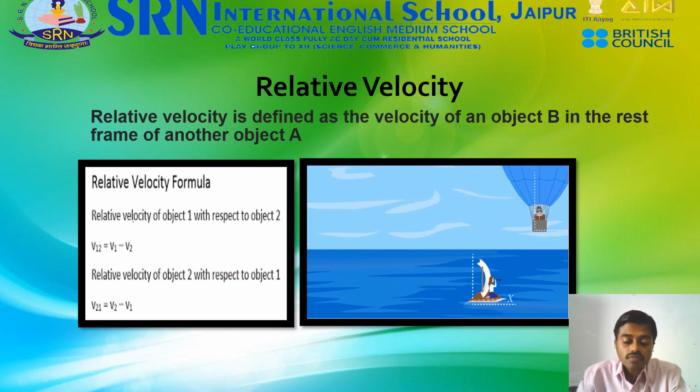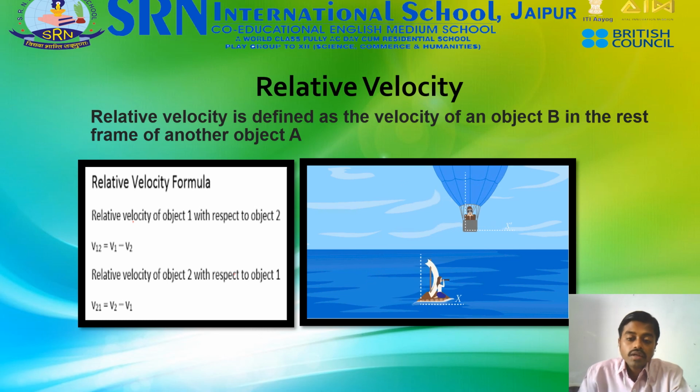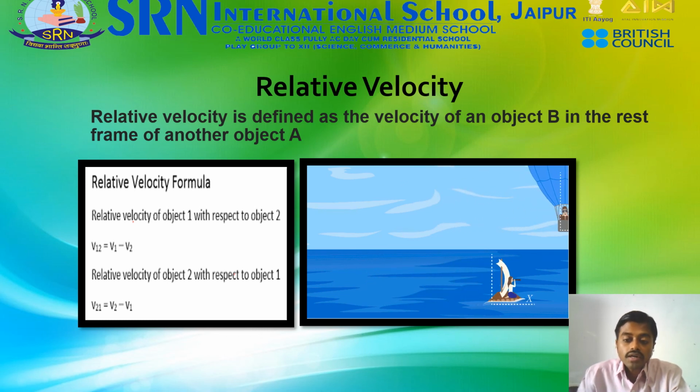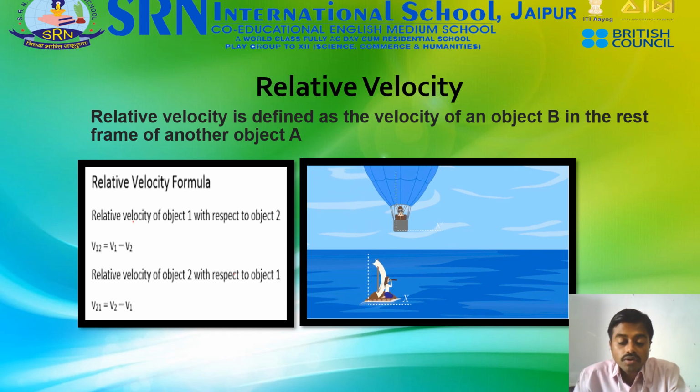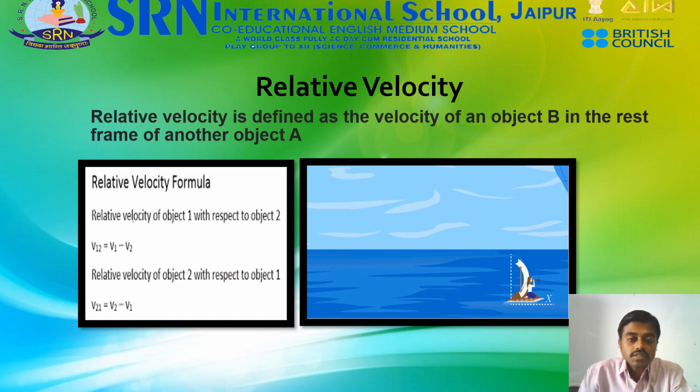Similarly, if a person on the boat watches the person on the balloon, again they will find that the velocity of the balloon is only 10 meter per second, because the observer is itself moving at 10 meter per second. So that is the concept of relative velocity.